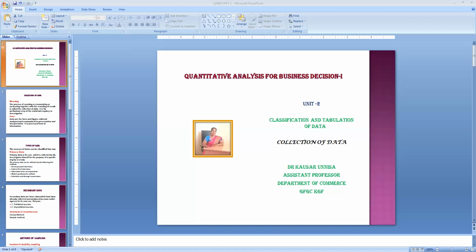We know what we mean by data. Data is nothing but the processed form of information. Whatever information we collect is a raw form of information.